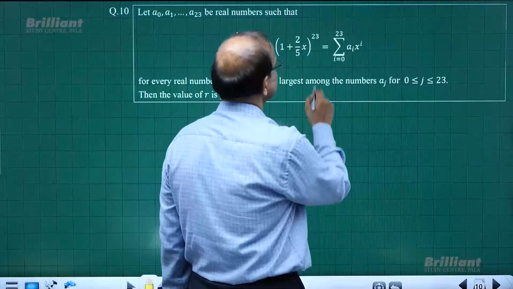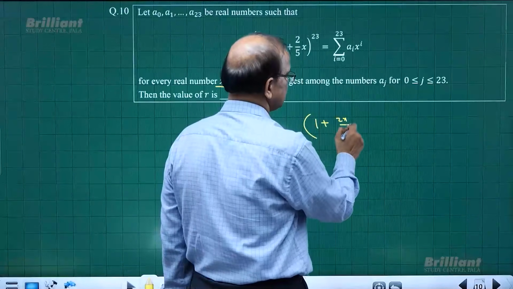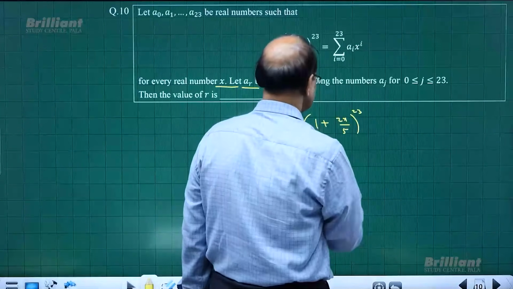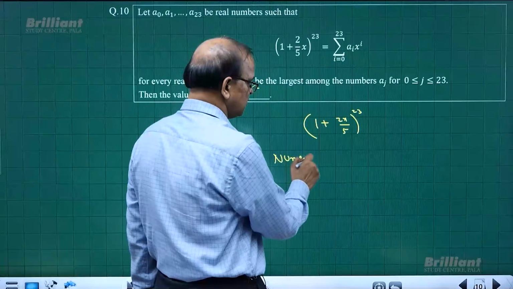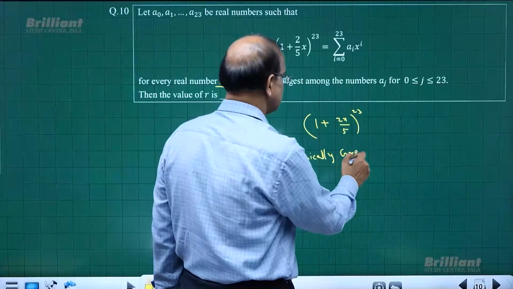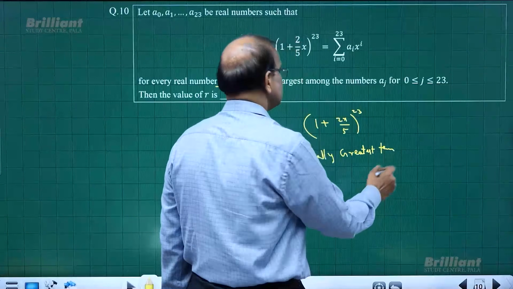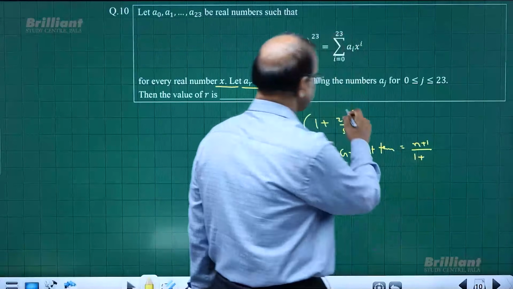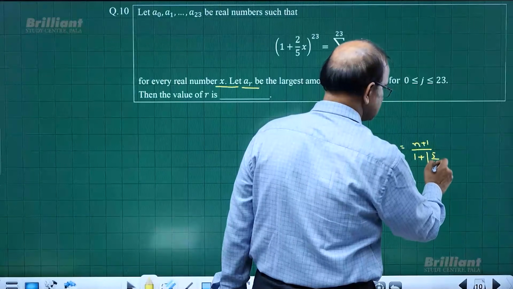So here 1 plus 2x to the power 23, 1 plus 2x by 5. So numerically greatest term, that is what? n plus 1 by 1 plus 5 by 2x, so mod 5 by 2x.